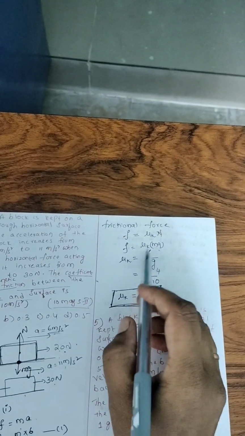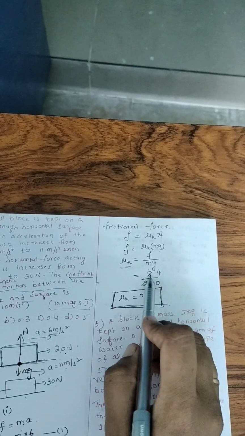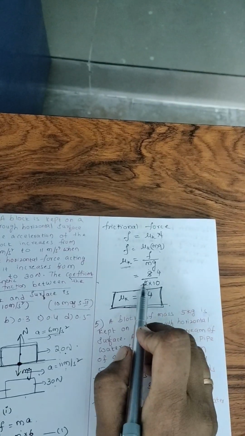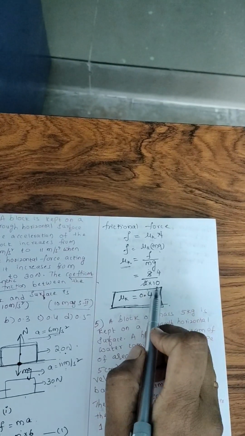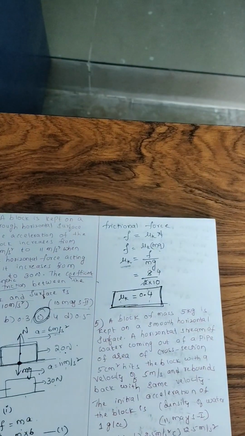Right? N equal to mg. So now, mu k he said to find. So F by mg. F, 8 we derived. Next, m as 2, and g he is saying to take as 10. So we will get the answer as 0.4. Okay, option C is the correct option.